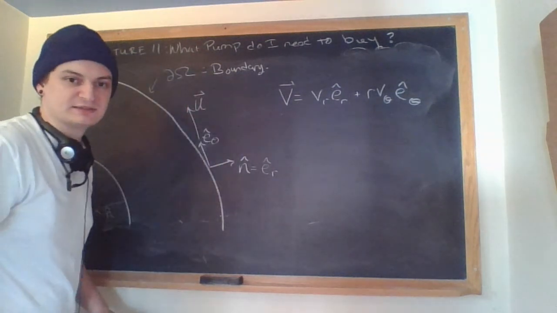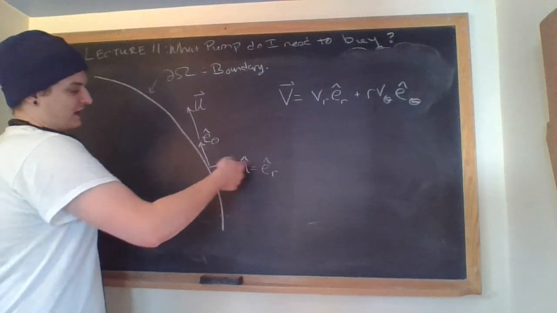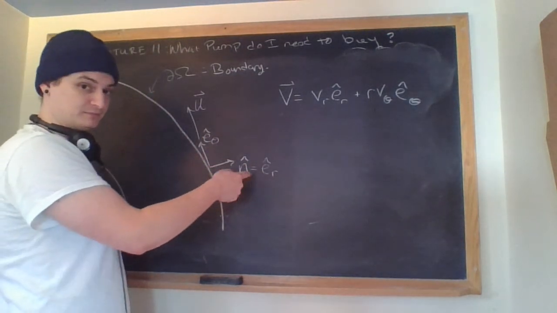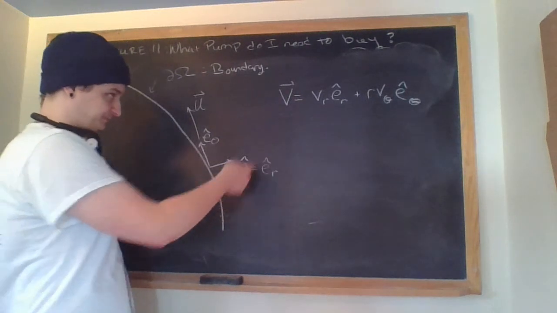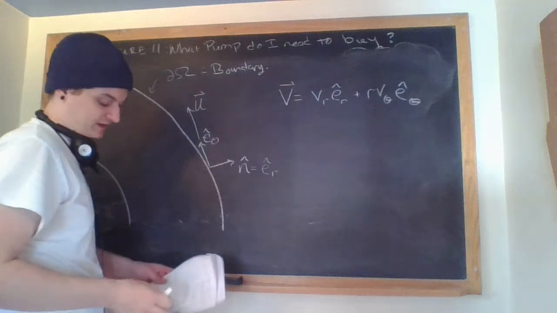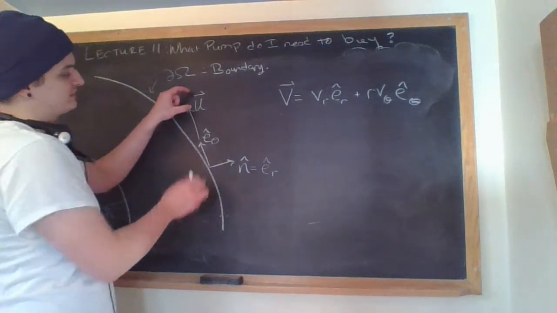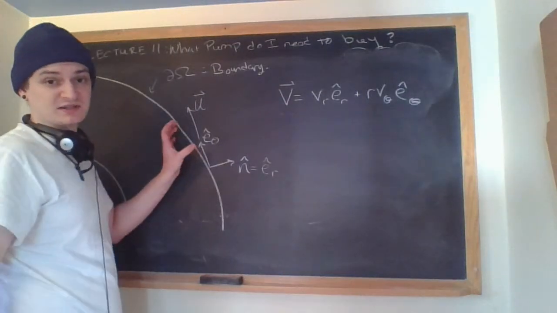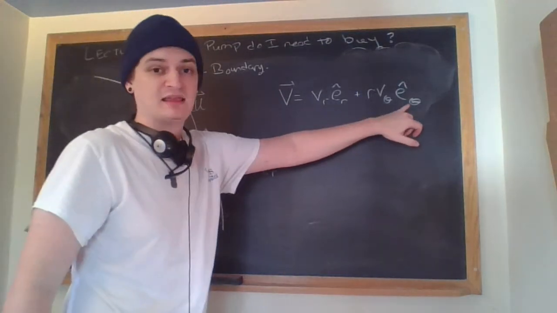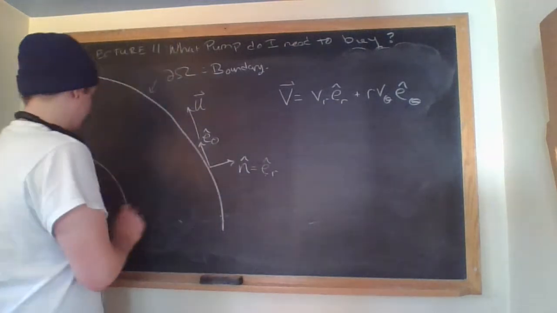If you remember what that u was, it's going to be unscaled on this. And then w and v are going to have components based on this n right here. But u is totally just a scaled version of this e theta vector. The e r vector is the normal vector in this coordinate system.